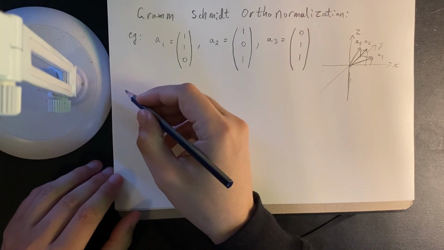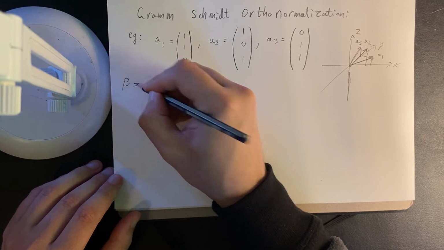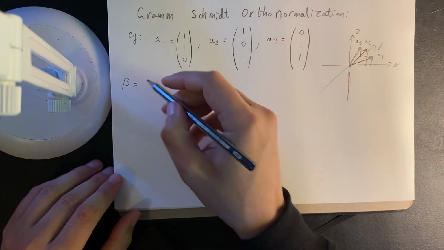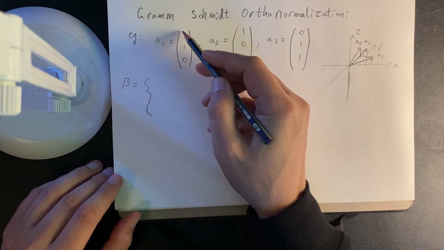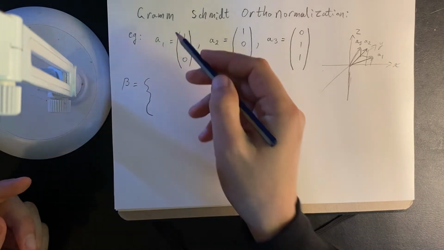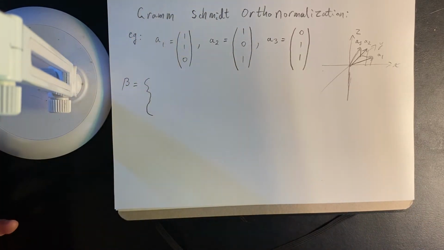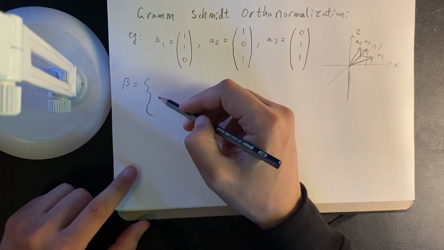So what we do is, first of all, let me put B for my basis. I'm just going to throw in A1. So I just pick the first vector and I throw it into my basis set, and I say, there you are, you're the first basis vector. But I'm not just going to throw it in, I'm also going to normalize it.